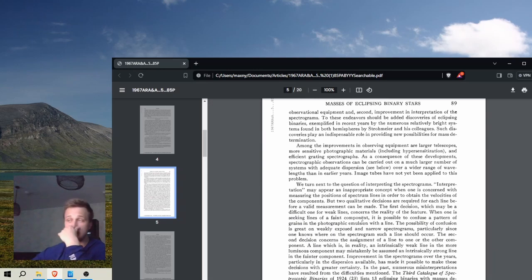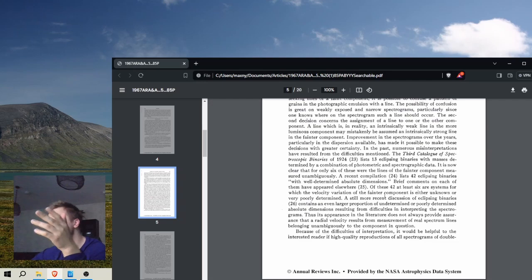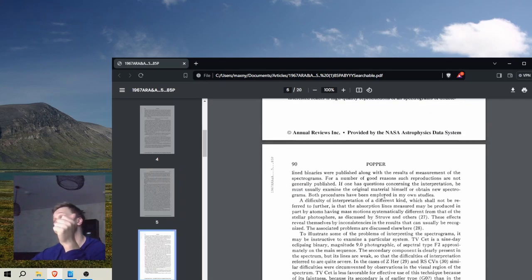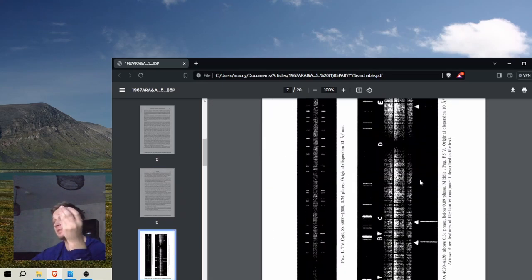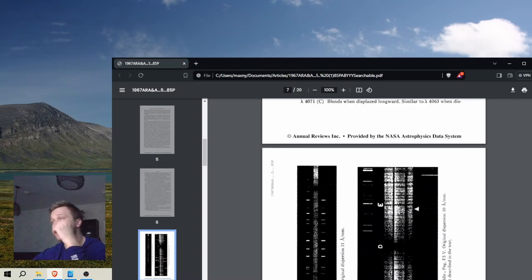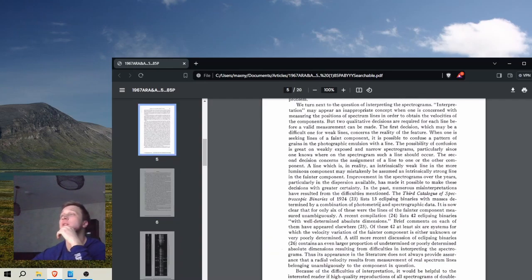The first decision is whether or not it's actually a real line that one's seeing, or if it's a grain in the spectrographic measurement. This is how it looks. You can see it's kind of hard to tell, or you can imagine that in some cases it would be hard to tell if it's a line or if it's a grain.